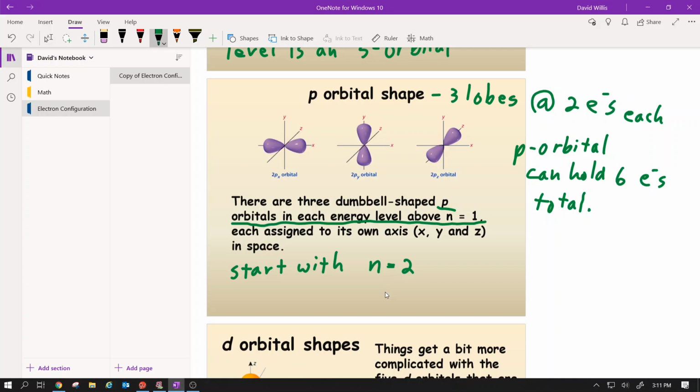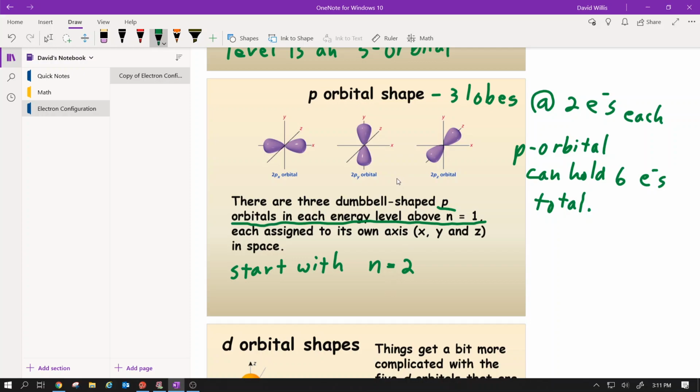That's right, because two electrons is all any orbital can hold. Now, in my second energy level, my s can hold 2. And then I've got a p orbital with 3 lobes.